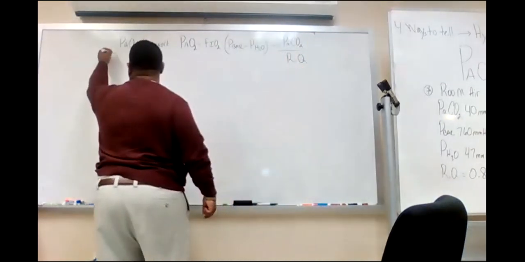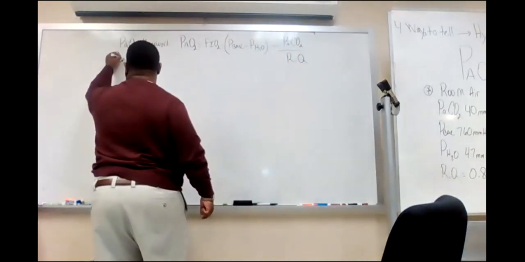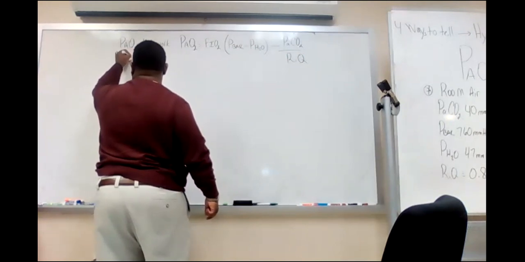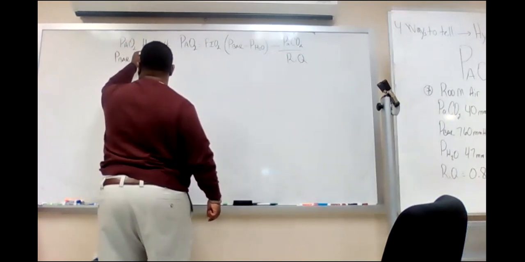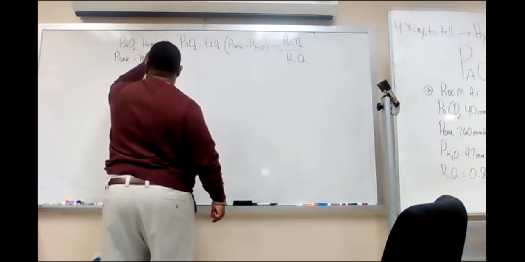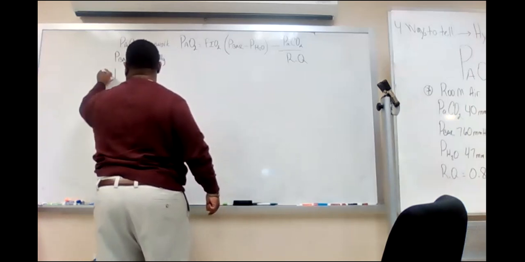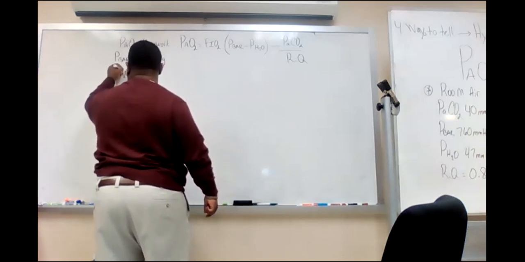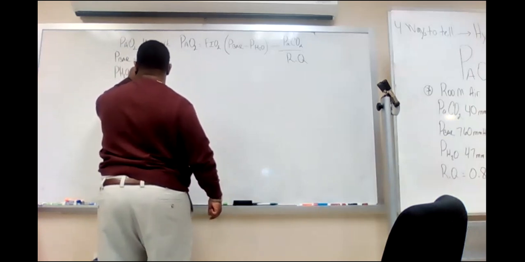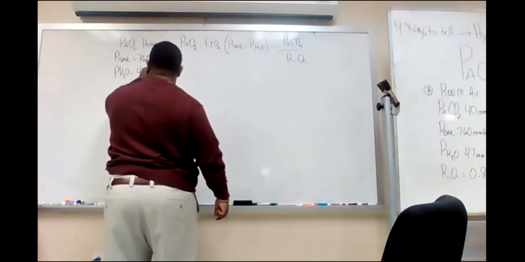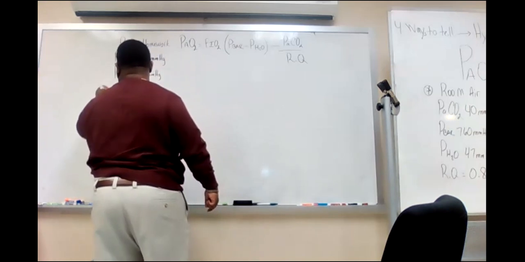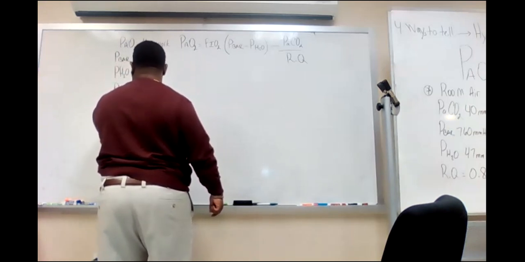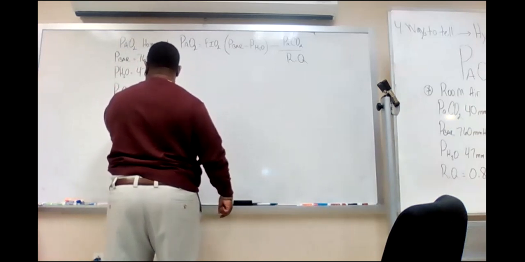Your normals. P bar is 760 millimeters of mercury. Your pH2O is 47 millimeters of mercury. Your PaCO2 is 40 millimeters of mercury.